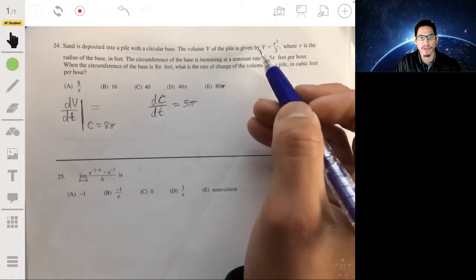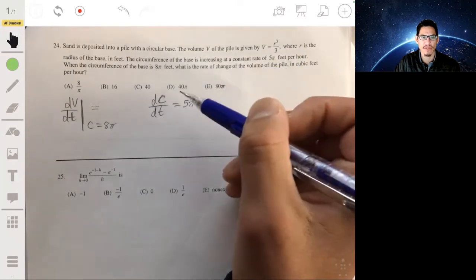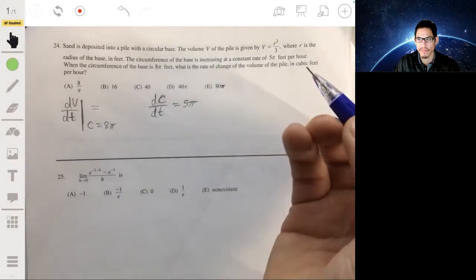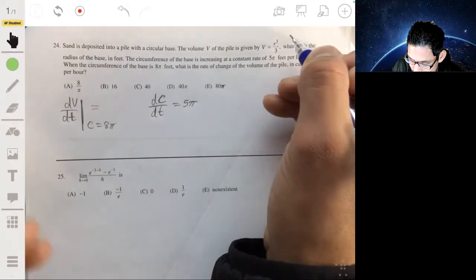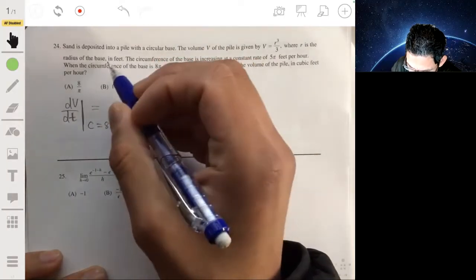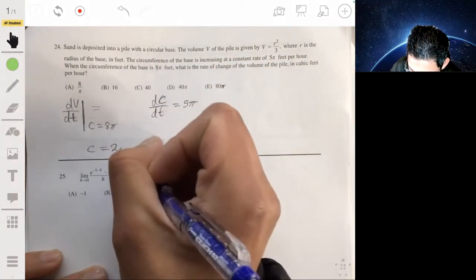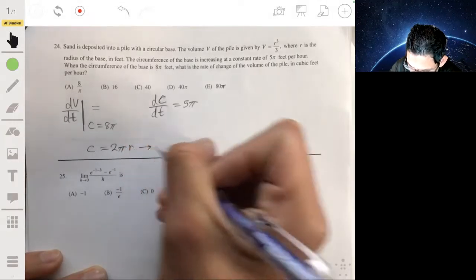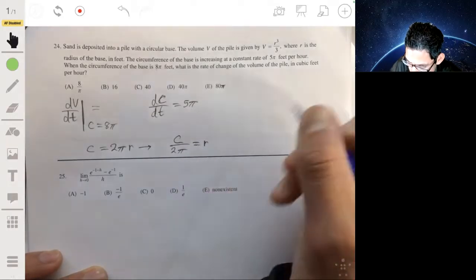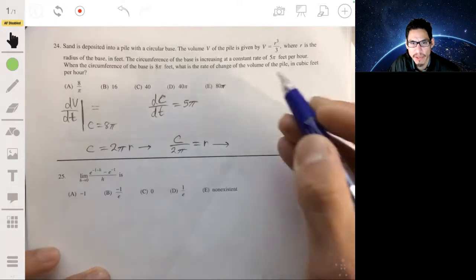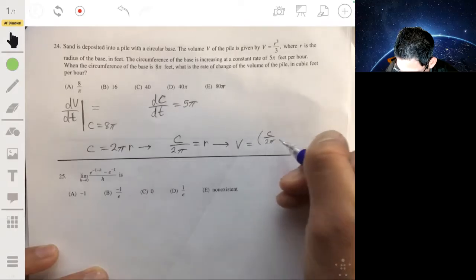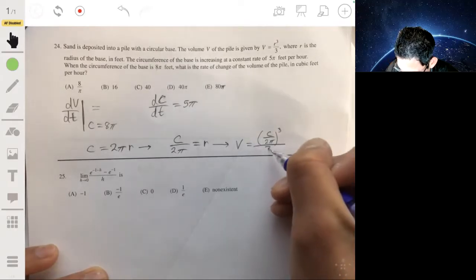We want to differentiate this so that we only have circumference and no radius in our equation. We could also convert it to radius, but it might be a little more tricky; it depends on you. Make sure you know your geometry. Circumference C is equal to 2 pi r, so C over 2 pi is equal to r. Then we can rewrite our equation for volume as C over 2 pi all to the third power over 3.